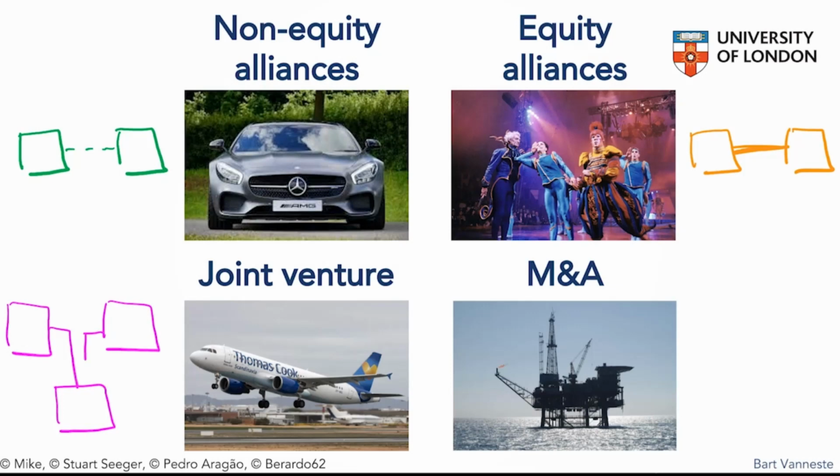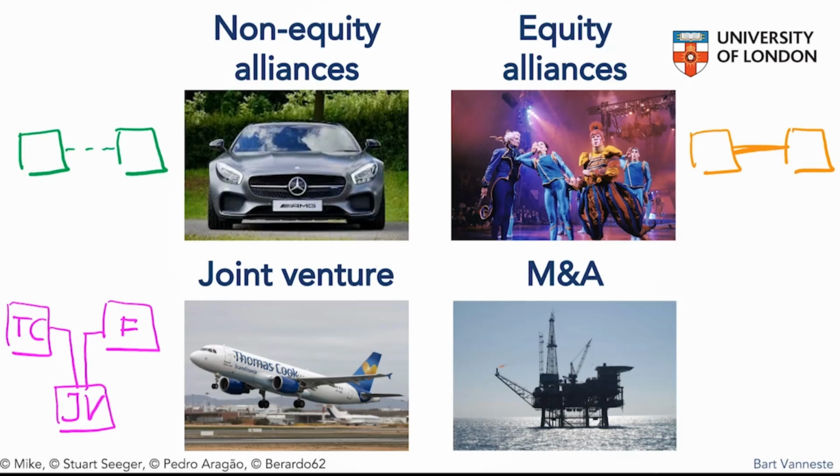So Fosun is one owner, Thomas Cook is the other owner in that new company. Now, oftentimes with joint ventures, the split is 50-50. I own 50% of the new venture, you own the other 50%, but that's not a given.